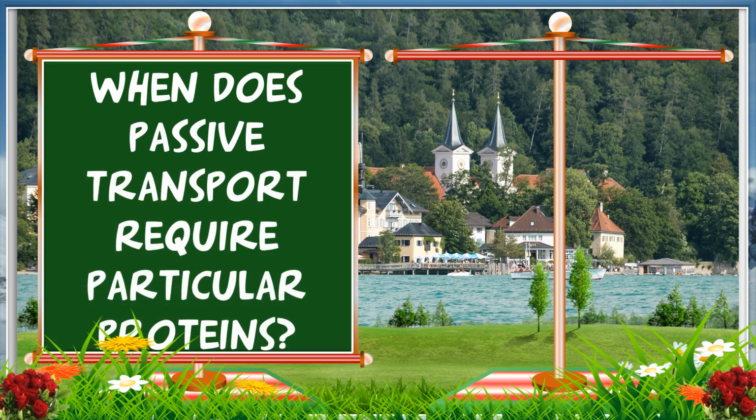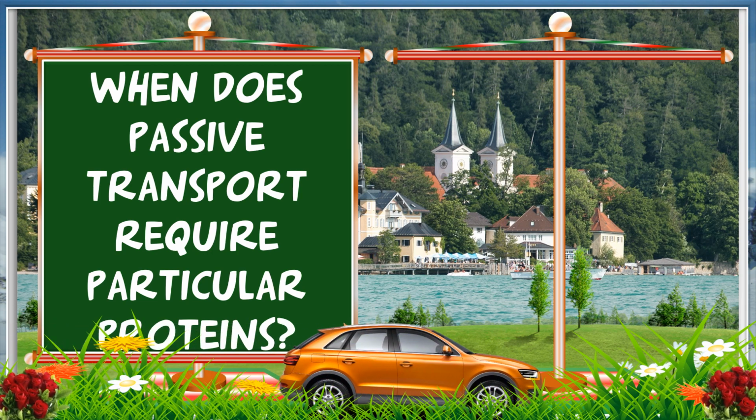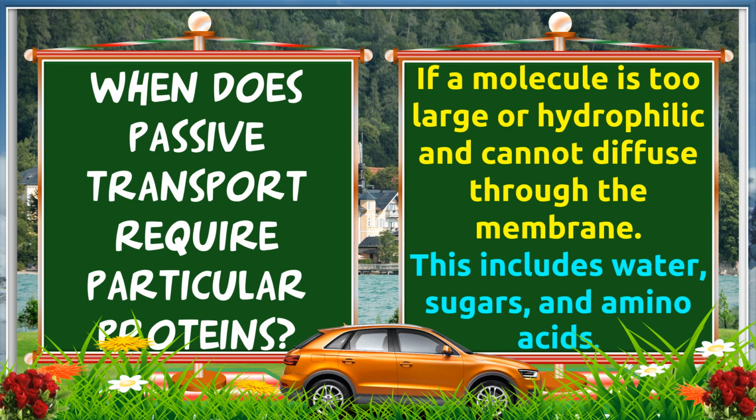When does passive transport require particular proteins? If a molecule is too large or hydrophilic and cannot diffuse through the membrane, this includes water, sugars, and amino acids.